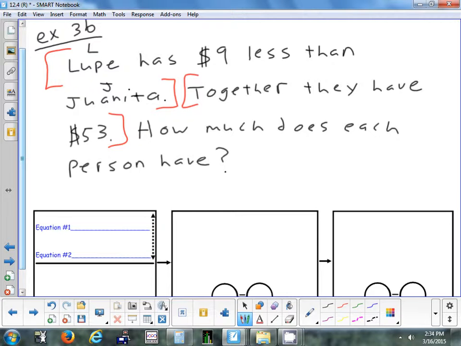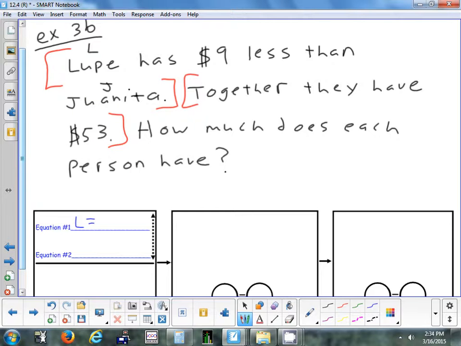So your first problem, it says Lupe has a certain amount of money. Okay, so it's giving you a formula for how much money Lupe has. Now we got to read how much Lupe has. 9 less than Juanita.